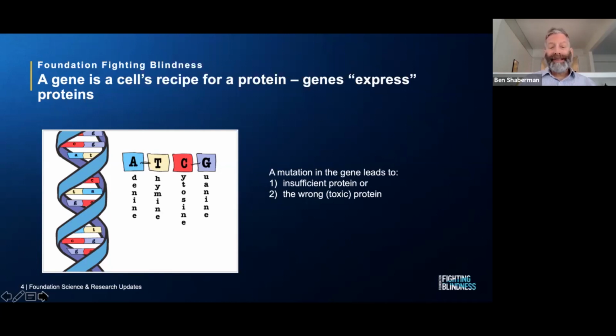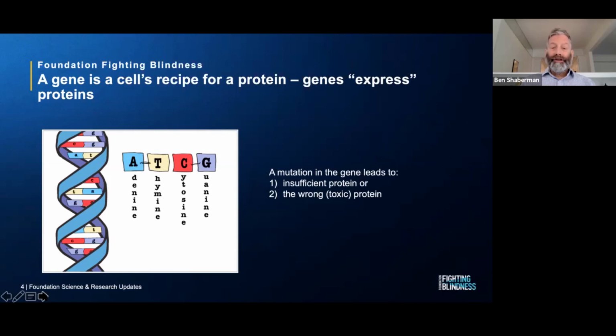So our genes, as indicated by this image on the left, are comprised of code or letters that make up these recipes, and these letters are represented as A, T, C, and G. And actually, we have 6 billion pieces of genetic information in each of our cells. That's what makes up our genetic profile and comprises these 20,000 genes.